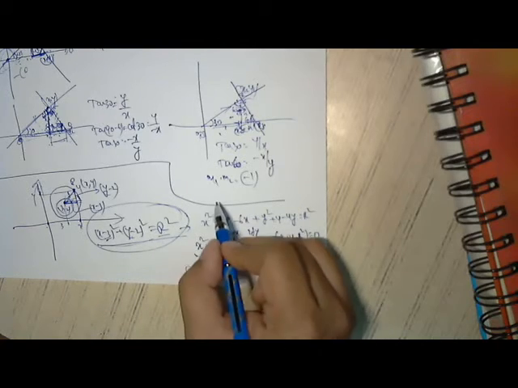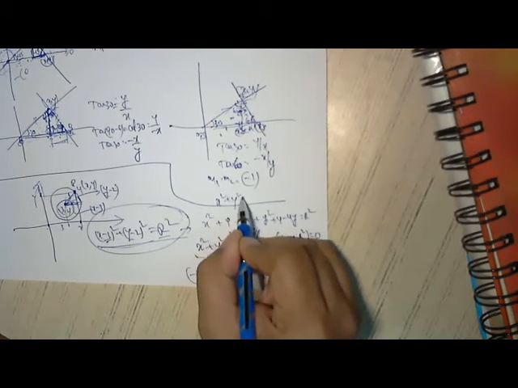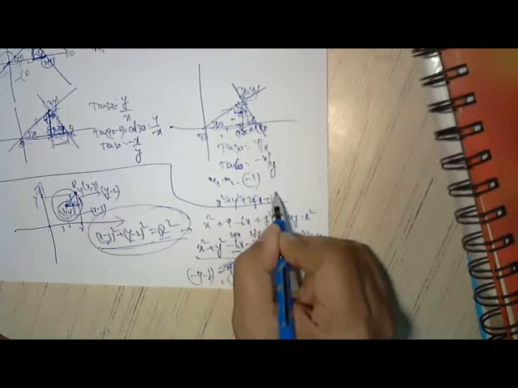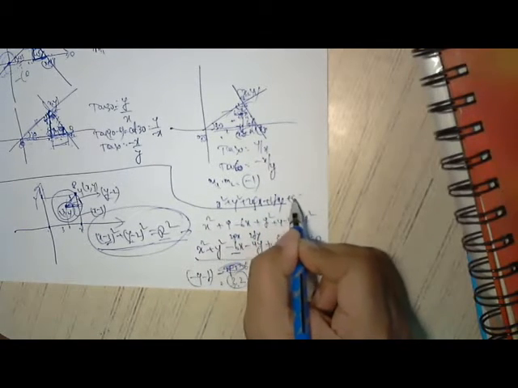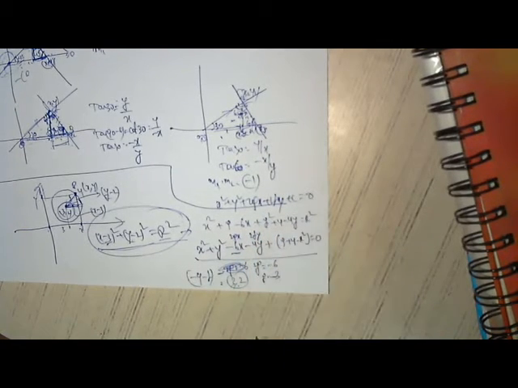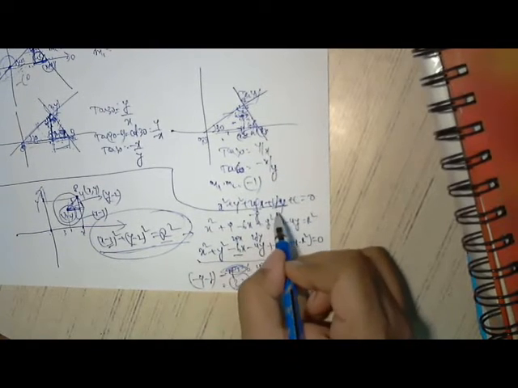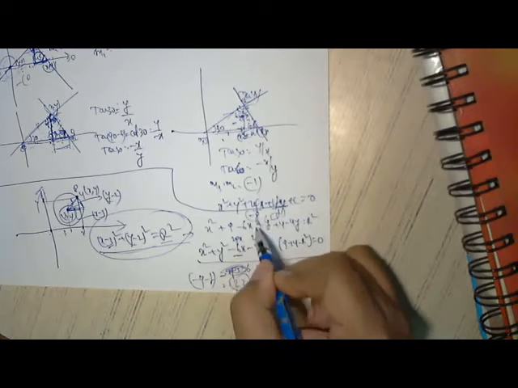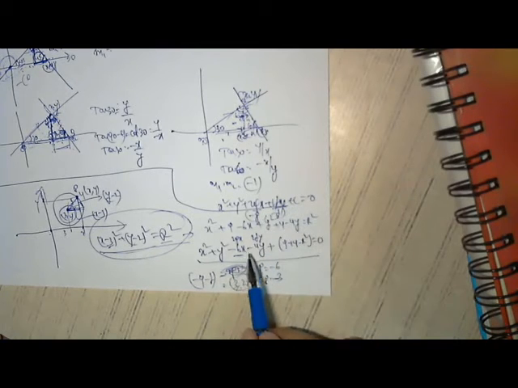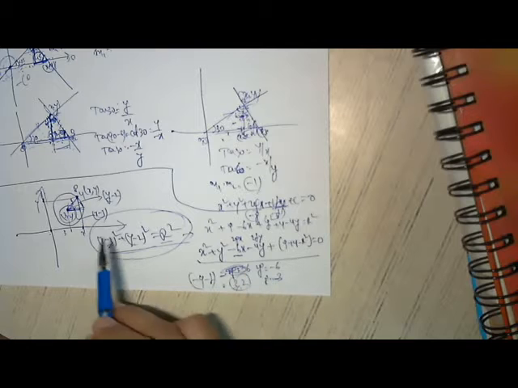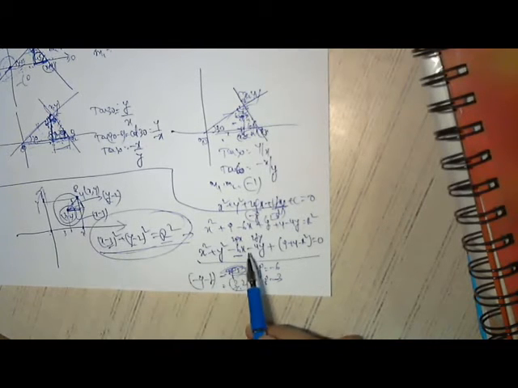So that is why our general equation is x square plus y square plus 2gx plus 2fy plus c is equal to 0. With plus 2gx and plus 2fy, we have the center as (minus g, minus f). These are the xy coordinates. So minus 3 becomes 3, minus 2 becomes 2. (3, 2) is my center. Then what is the radius?